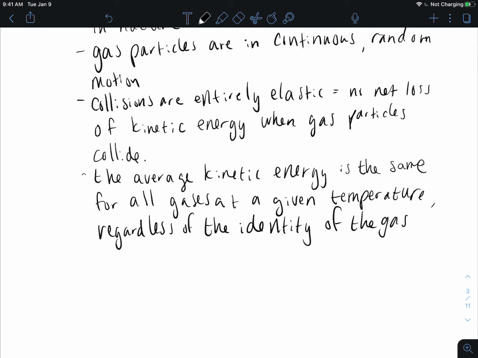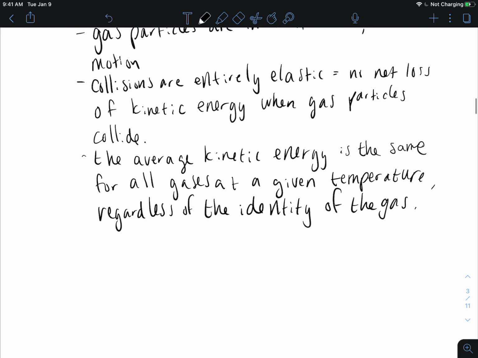So the identity of the gas plays no role in this. And that's kind of the takeaway from this a lot of times, is that it doesn't matter about the gas identity. They're all going to behave the same way.